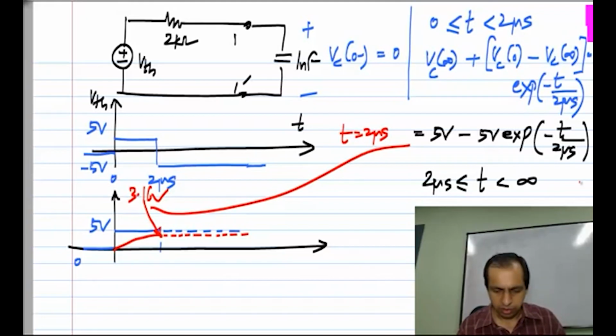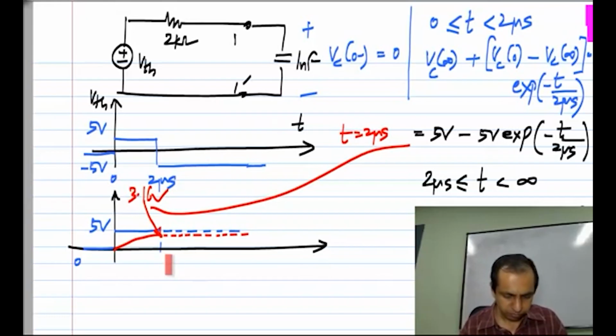Okay, so Vc of 0 for the second part of the response is 3.16 volts minus Vc of infinity. Okay, and that Vc of infinity is nothing but minus 5 volts. Okay, because that's where it's eventually going to reach, and the exponential is exactly the same because the circuit is the same and the time constant is the same.